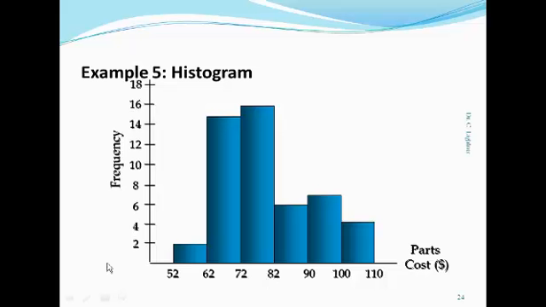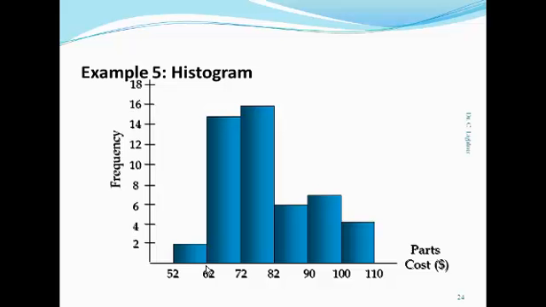Instead, we have our x-axis. The beginning of the bar for each class should begin at the starting point for the interval that that class represents, and that bar should continue to the upper limit of the interval that that bar represents.